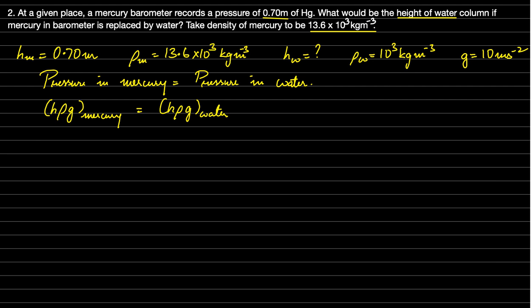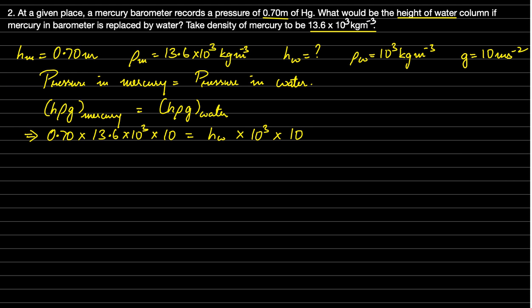Now we would be substituting the values. So height of mercury is given as 0.70 into density of mercury is 13.6 into 10 to the power of 3 into acceleration due to gravity, we considered it as 10, is equal to height of water we don't know, so I would take it as H w, into density of water would be taken as 10 to the power of 3 into acceleration due to gravity for the case of water will be taken as 10.